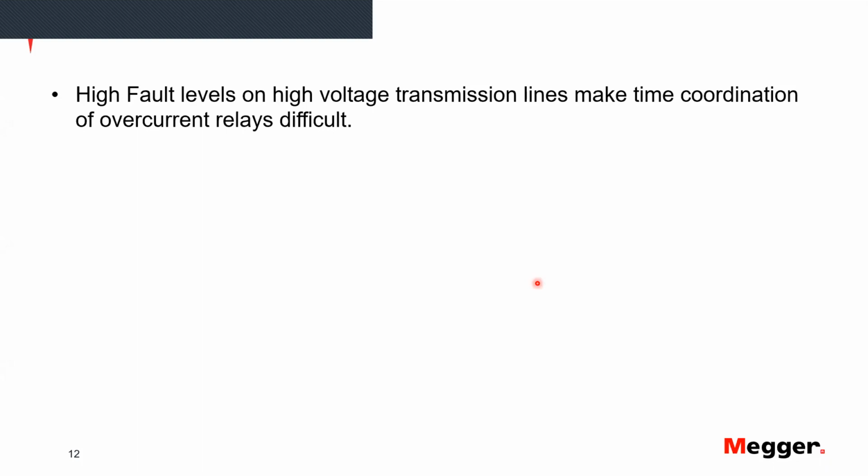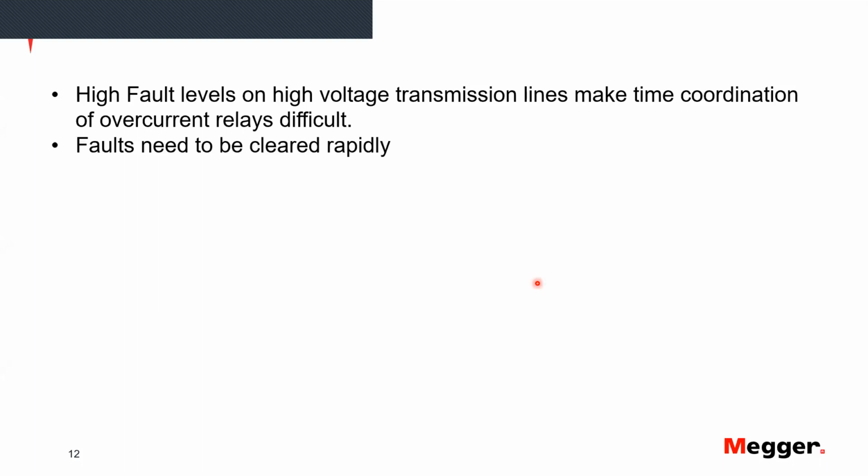Now, as we saw yesterday, for relays that are upstream, it makes it more difficult to coordinate because they have to wait for relays downstream to operate. So one of the reasons to have a distance-based instead of a current-based device is that it makes the coordination of those relays a lot easier.